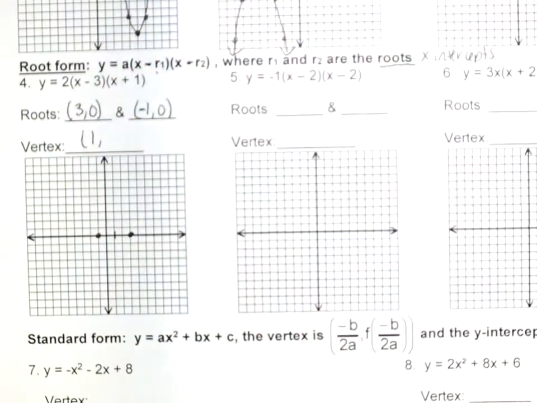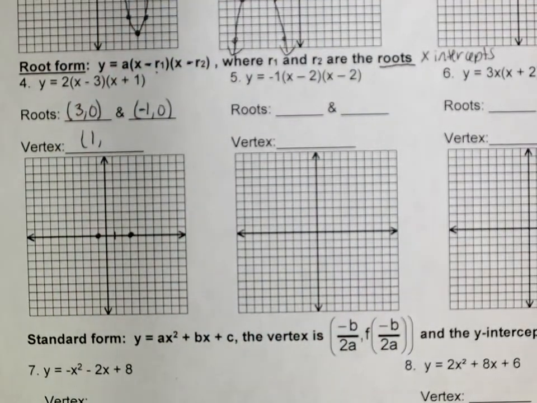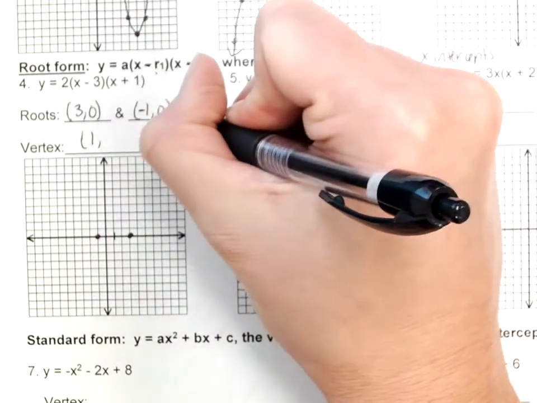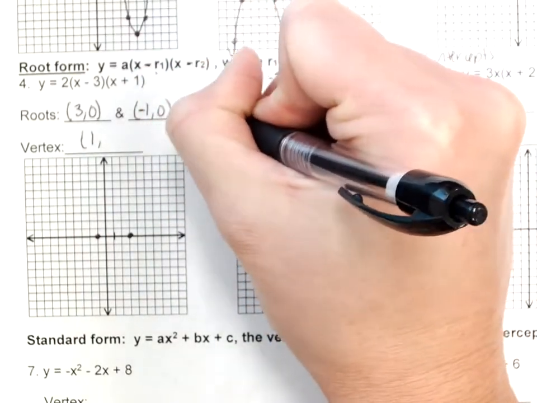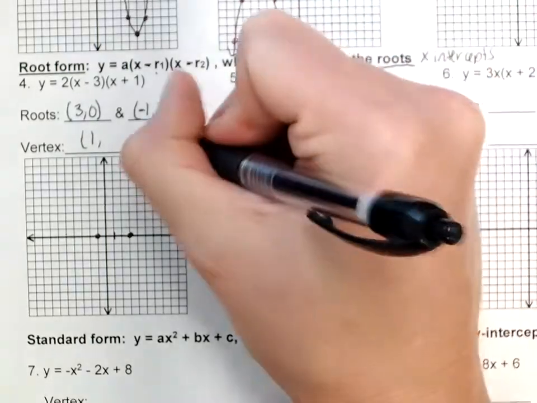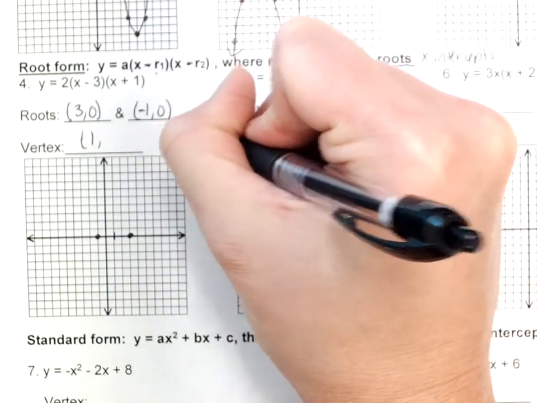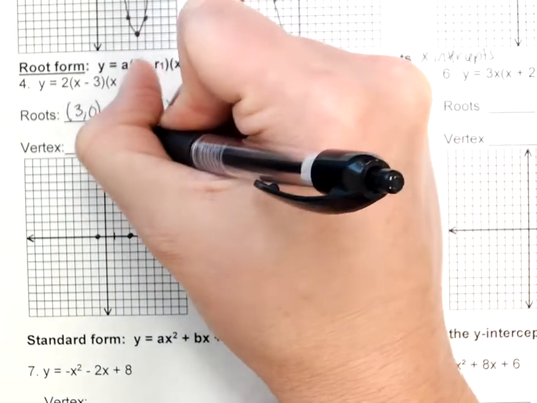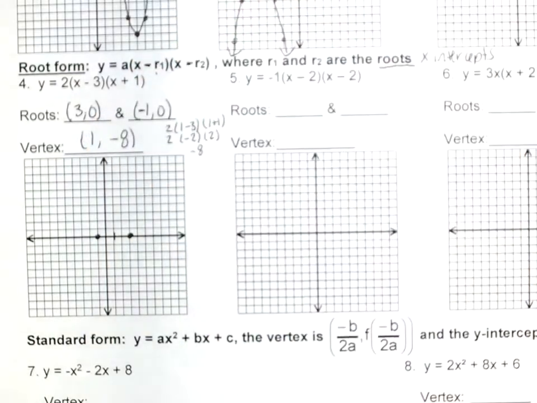That tells me my vertex is going to be at 1. If I want to find the y value of my vertex, the best thing to do is to just plug 1 into your equation. So I'm going to come over here and do that. 2 times 1 minus 3 times 1 plus 1. Well, that's 2, that's negative 2, that's 2, 2 times 2 times 2, that's a negative 8. The y value of my vertex is at a negative 8.